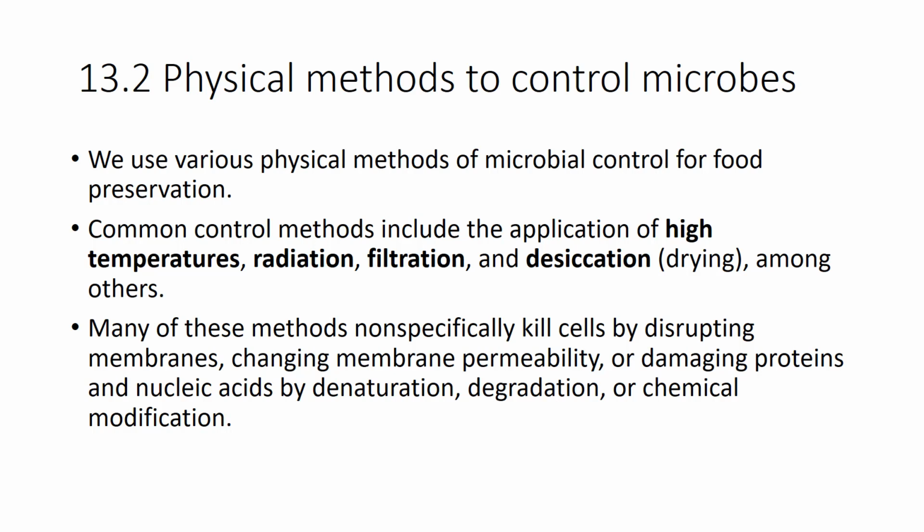I won't discuss filtration, but filtration is basically filtering liquids through a certain pore size membrane. And if you use a pore size membrane that is smaller than that of the microbe, then you can separate the microbe from liquids. So filtering liquids is a very good way to sterilize certain liquids. And then desiccation, drying out, and other methods.